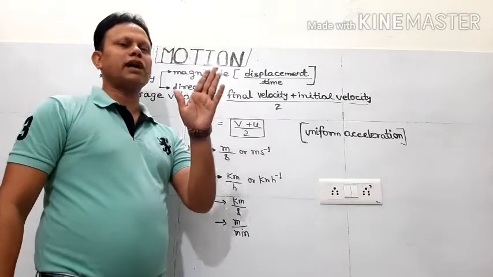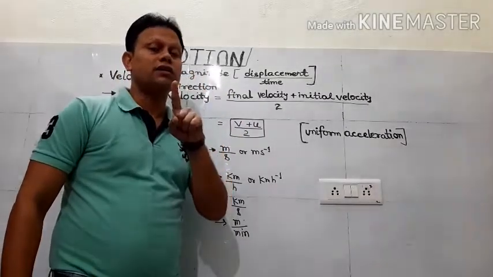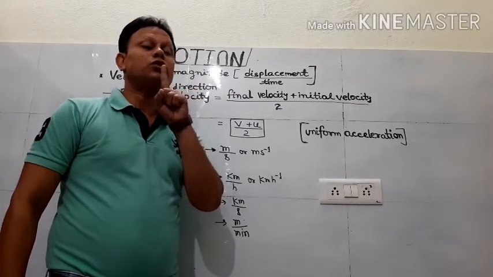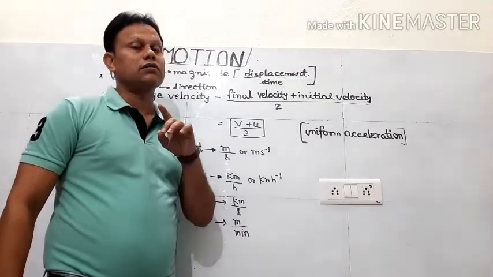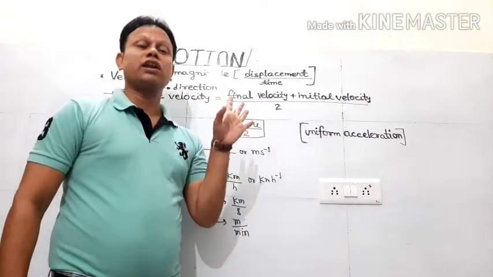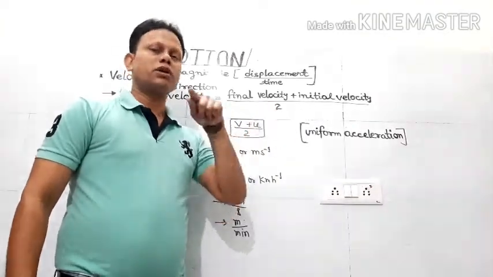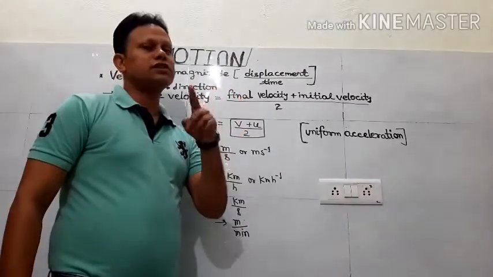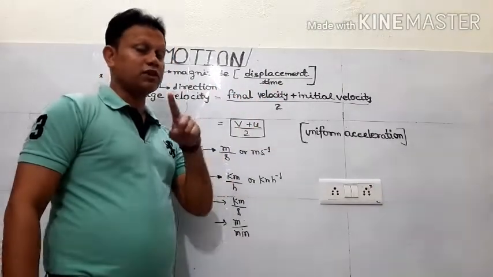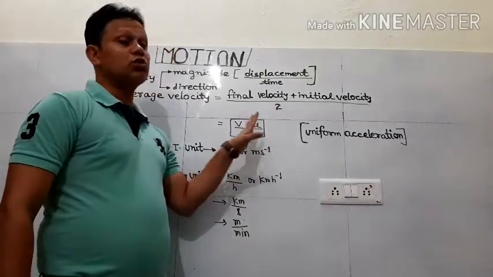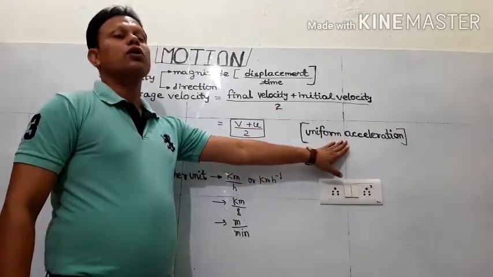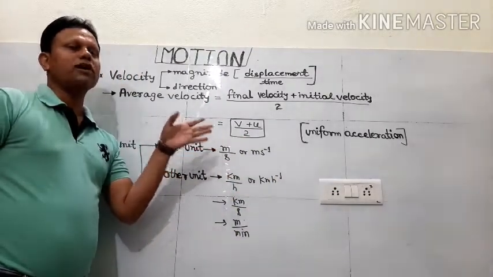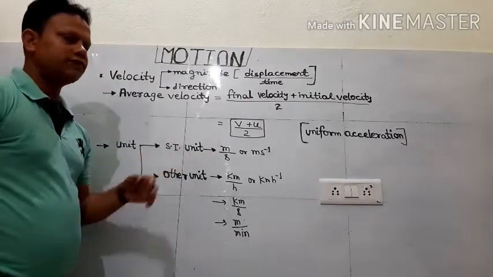That means for that period we can take the velocity of the journey to be 16 meter per second. But as we know, it's an accelerated motion, so it cannot have a fixed value of speed. Still, for that period we can take an average velocity of 16 meter per second by this relation. But take care that this relation is only applicable when the body is in uniform acceleration. We will learn how to use this formula in the next classes.